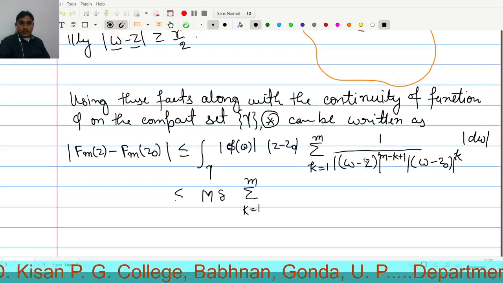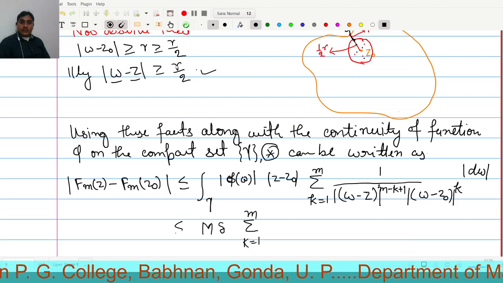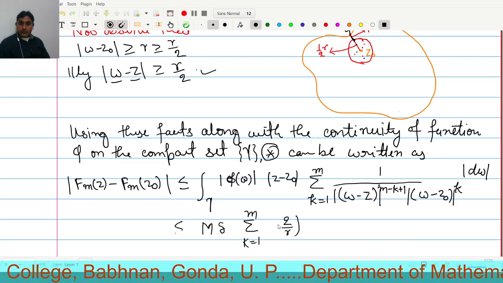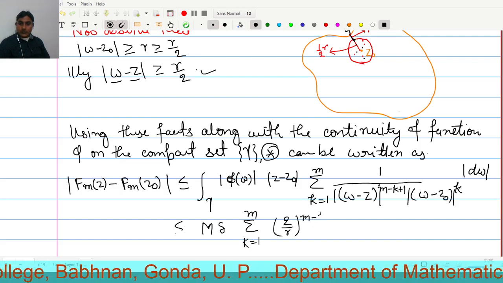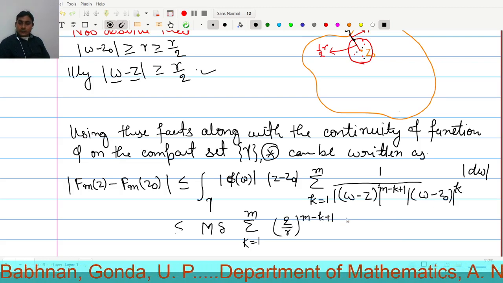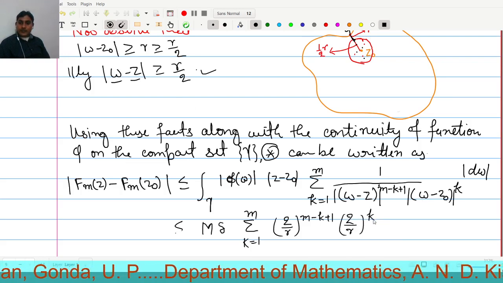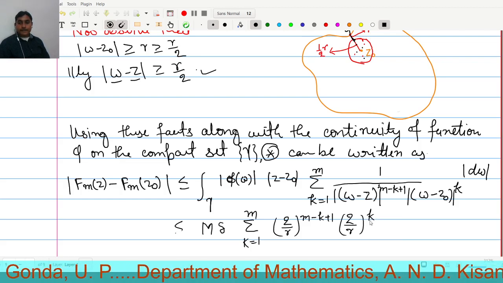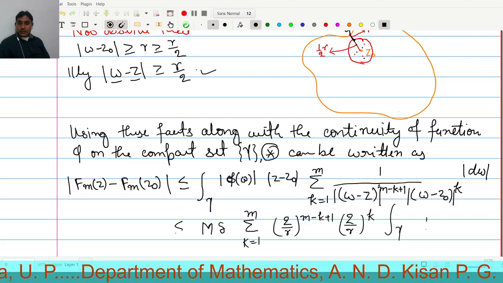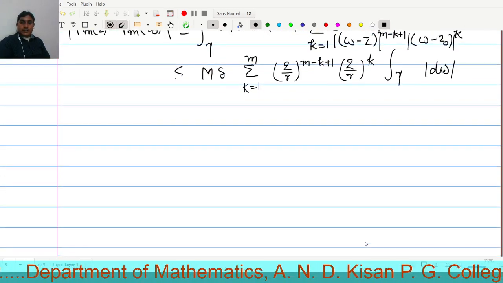Use this particular thing, 1 upon |w − z₀| is less than 2 upon r, so you get here (2/r)^(m−k+1), and this also less than 2 upon r, so this is (2/r)^k, and this integral becomes the gamma mod of dw, so you get this one.